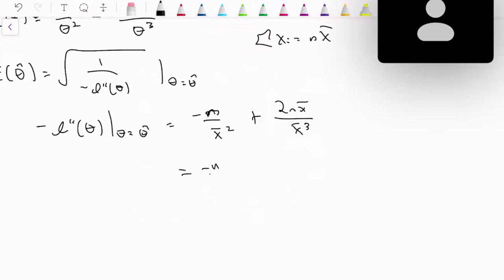So this is negative n over x bar squared plus 2n over x bar squared. So this is n over x bar squared.